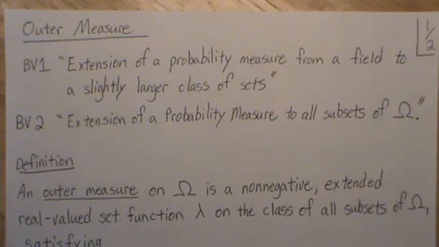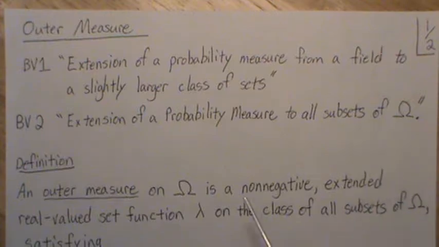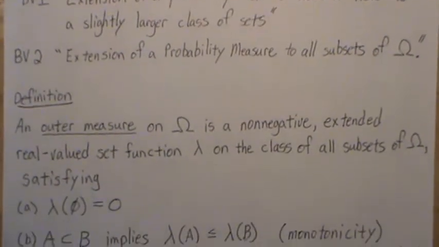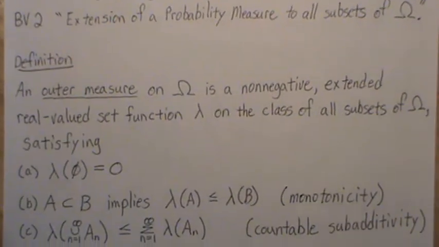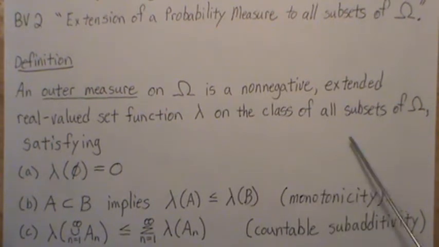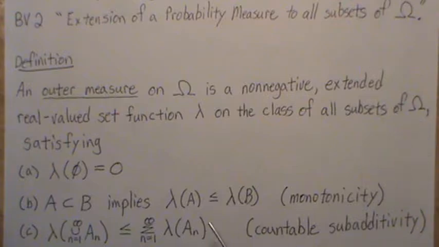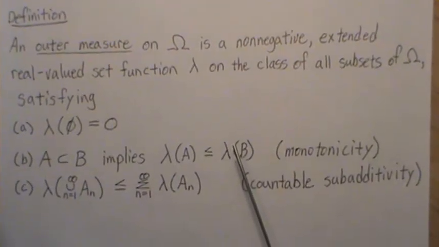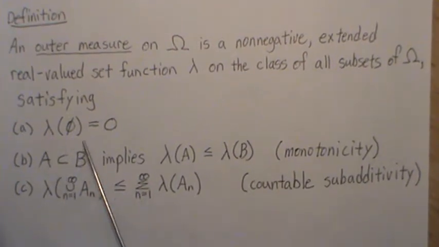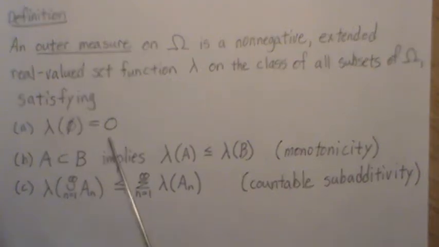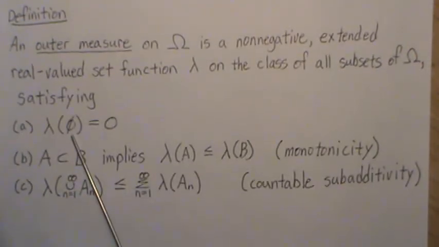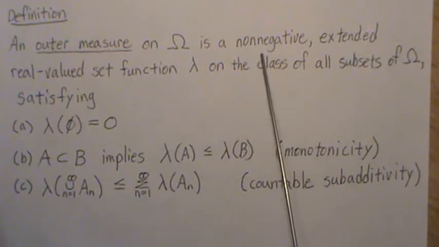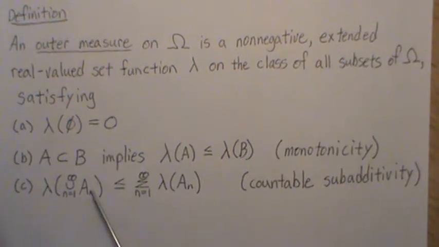Now, the definition of an outer measure on omega is a non-negative extended real valued set function lambda on the class of all subsets of omega satisfying these three properties. The lambda of the empty set is 0, so the measure of the empty set is 0, and that's the whole non-negative part.